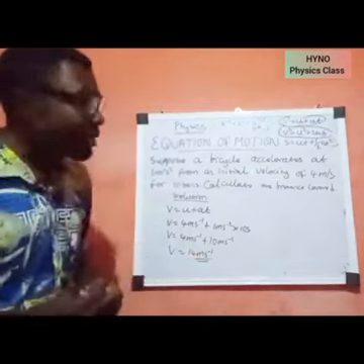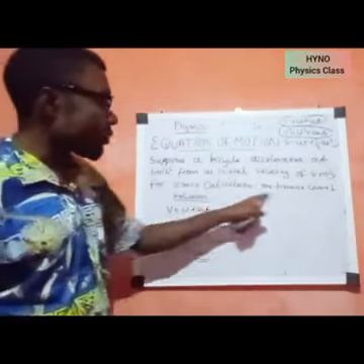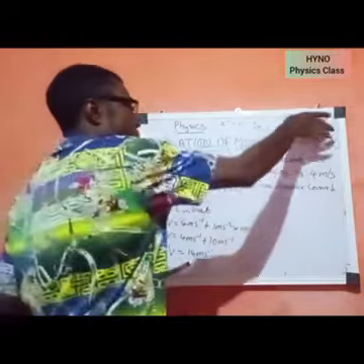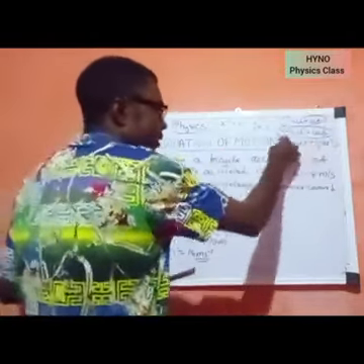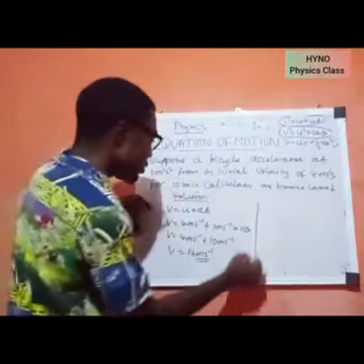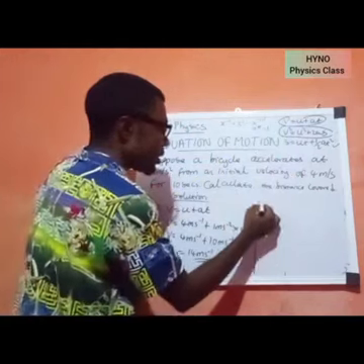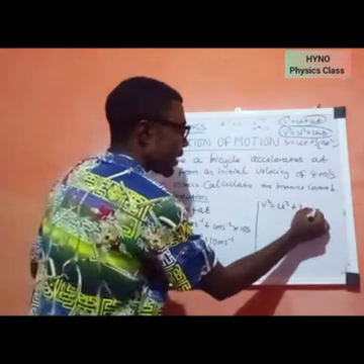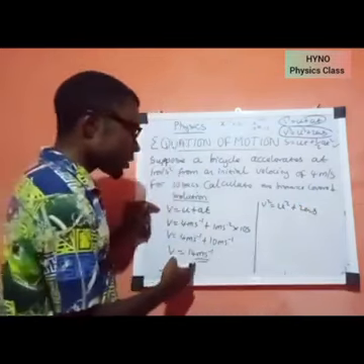But we are not looking for final velocity, we are looking for distance covered. Then use the other equation that was not the one we used. I said if this can solve it, then these 2 can as well solve it put together. So having used the first one, let us use the second one. We say that v squared equals u squared plus 2as. And our v is 14 meters per second.